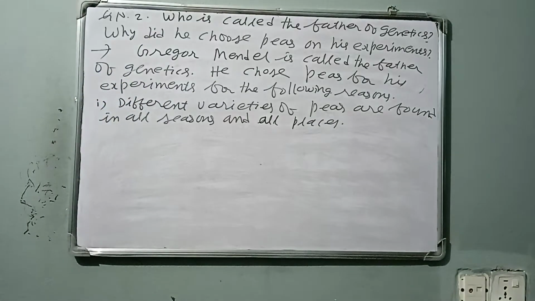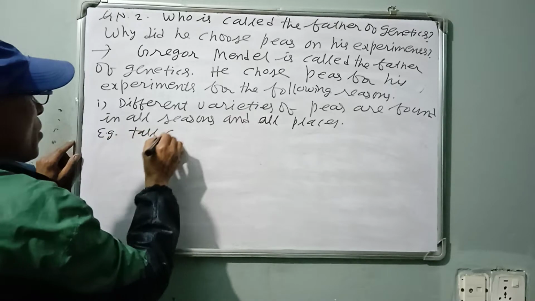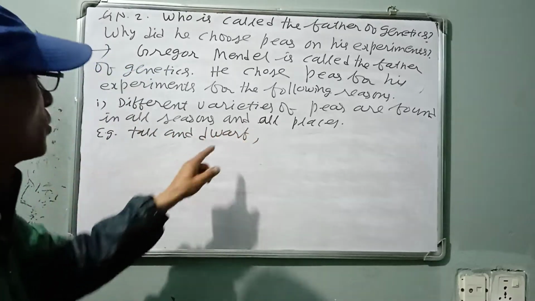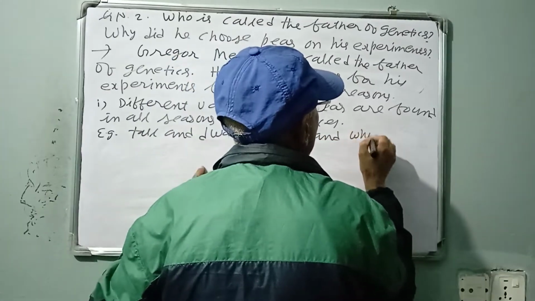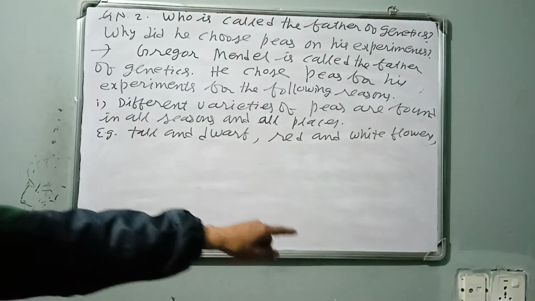What do you mean by different varieties? Not only one type, different varieties. For example, tall and dwarf, red and white flower.